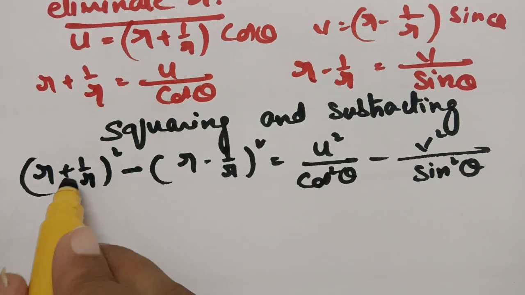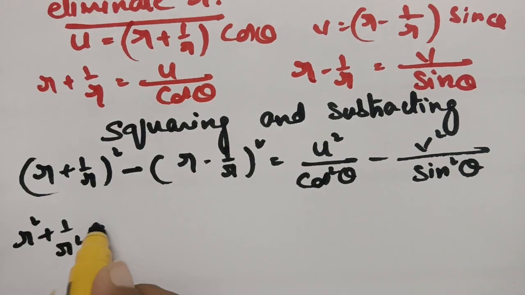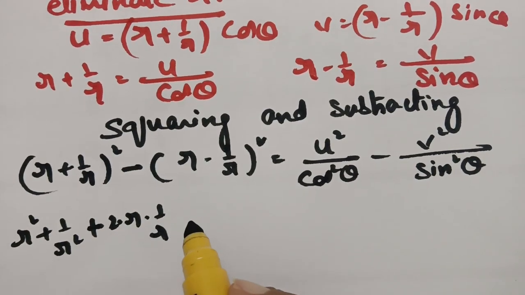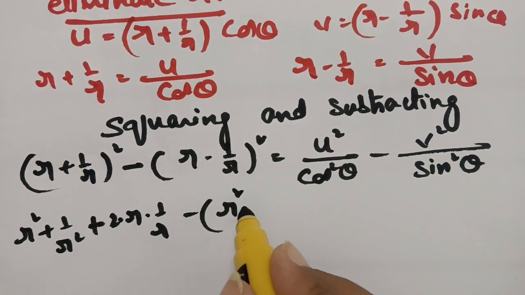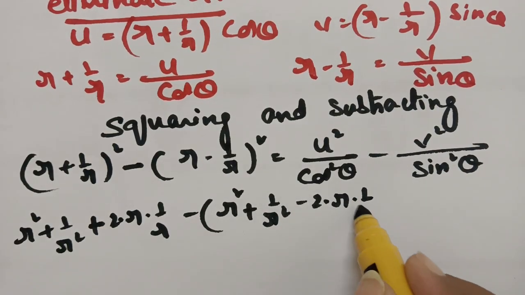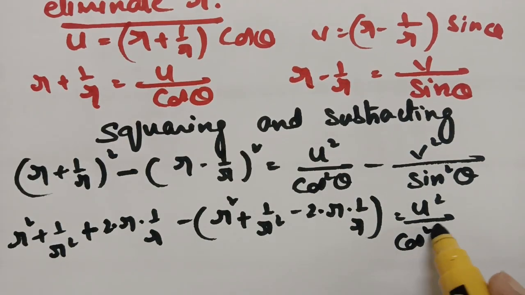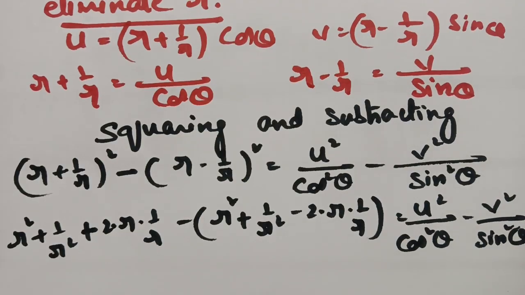Clear? If you expand it, this will be a square plus b square plus 2ab, and the next thing is minus a square plus b square minus 2ab, which is equal to u square by cos square theta minus v square by sin square theta.